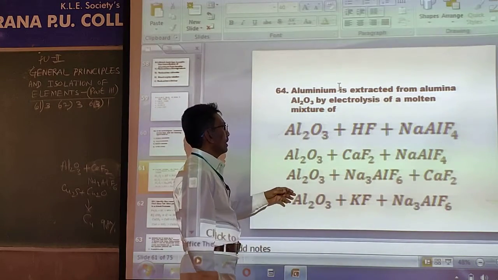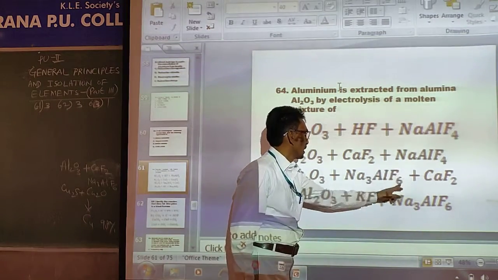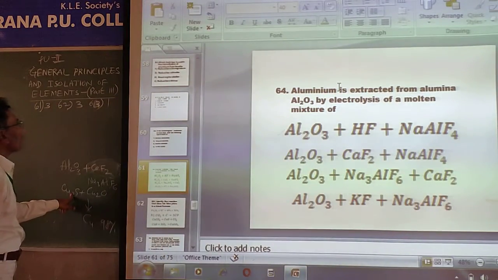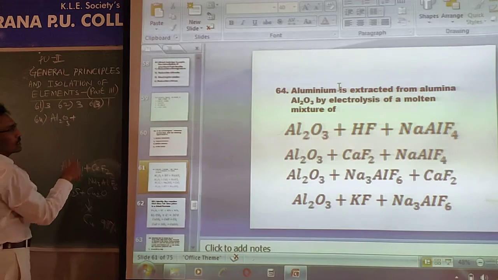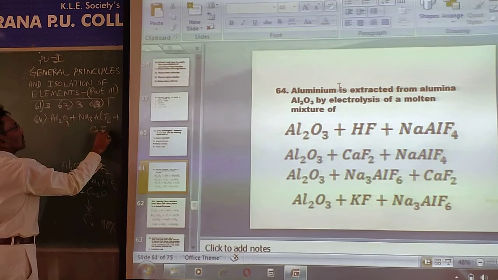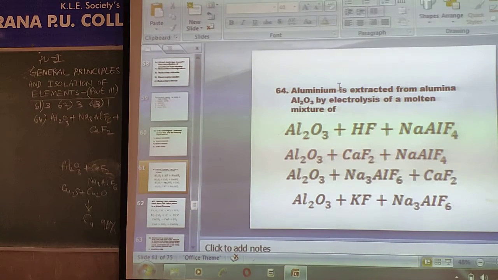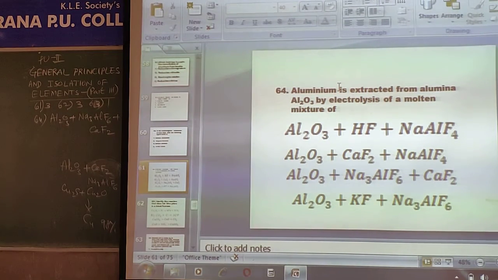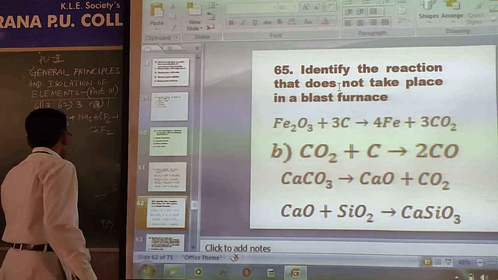Its conductance is increased by adding cryolite, Na3AlF6, and to decrease the melting point, CaF2 fluorspar is also added. So this is the correct combination, and the options are not given here. That method is known as the electrometallurgical process.